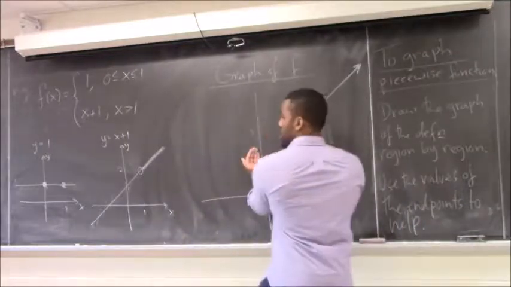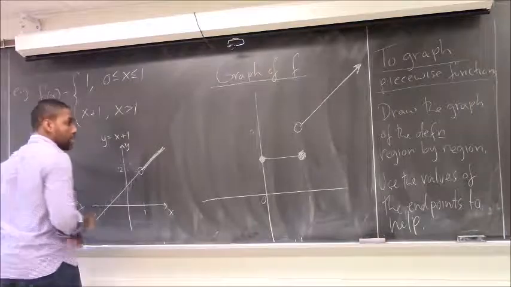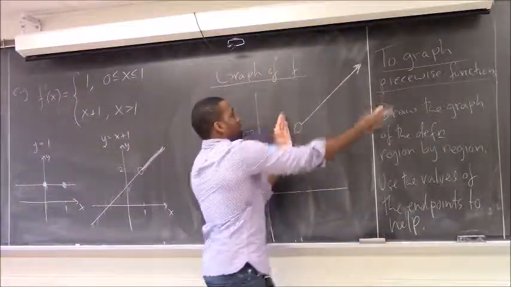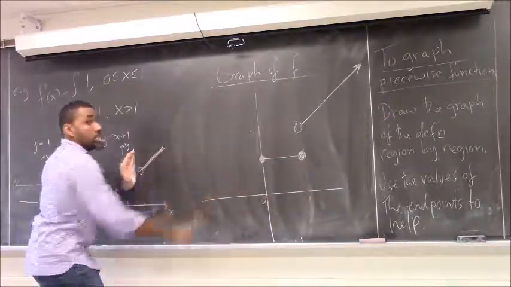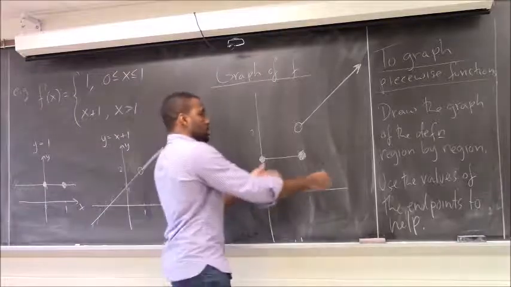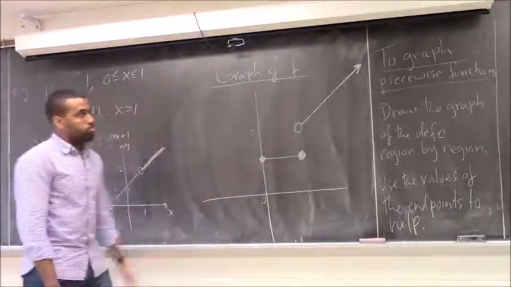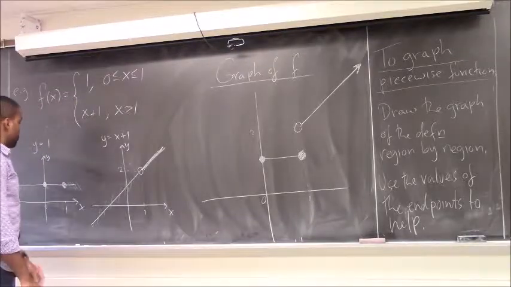I graph this piece, which comes from this piece, and ignore the left and right side. And then I draw the right side of this because that corresponds to that. So you separate the x-axis into the pieces that are defined by the endpoints, and then you graph it based on that.